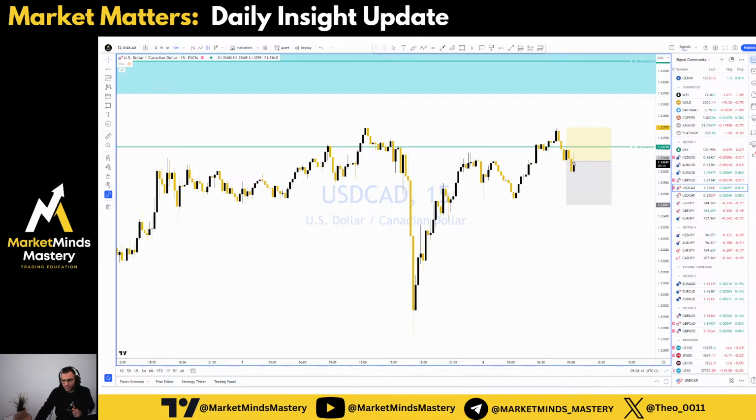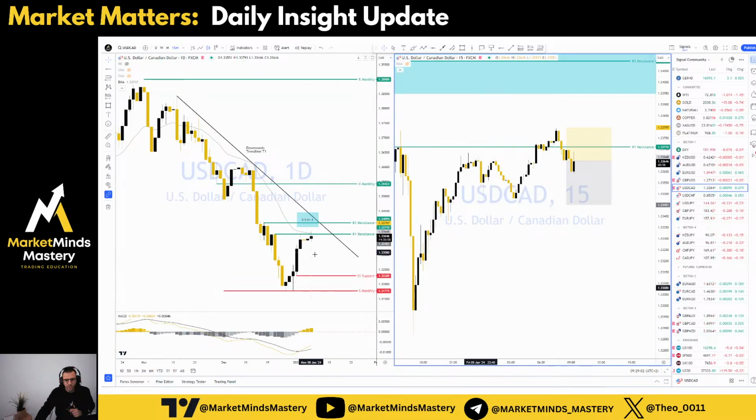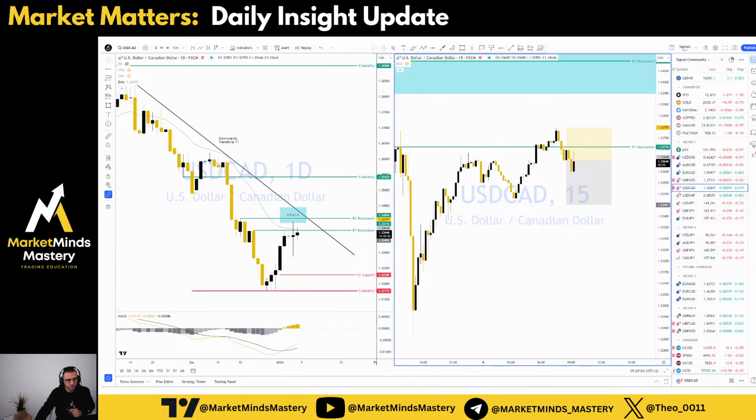So in this particular case, why am I looking to trade short? Because the daily chart is down, making lower highs and lower lows. Let me split the windows. So here is the daily chart, as you see on the left. Price made lower high, lower low.